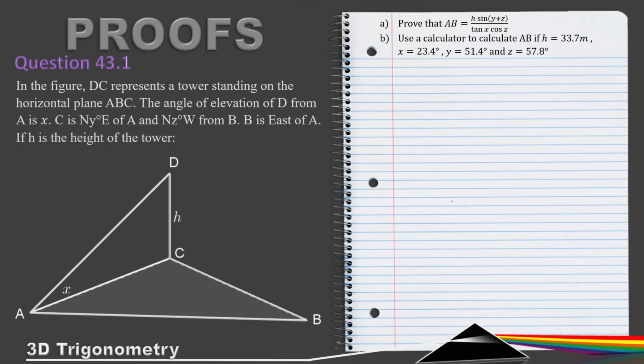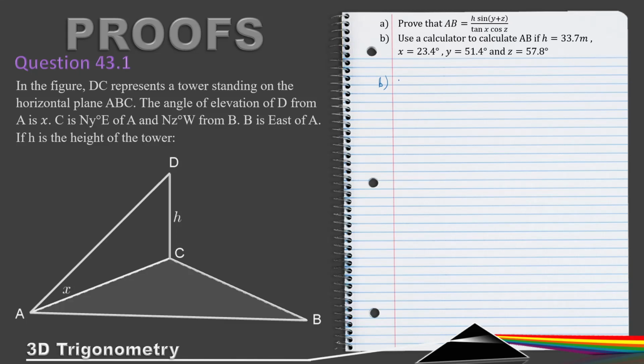Right, now for B, use a calculator to calculate AB. If h is 33,7, x is 23,4, y is 51,4, and z is 57,8. Very easy. We're just going to substitute. We actually don't even need to solve for anything because AB is already the value that we're going to get.